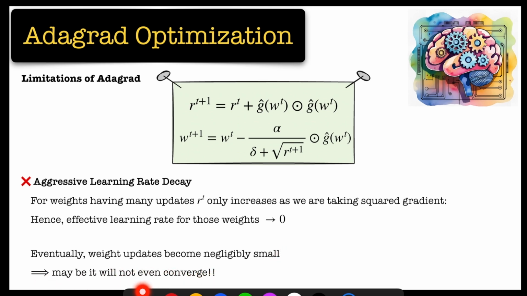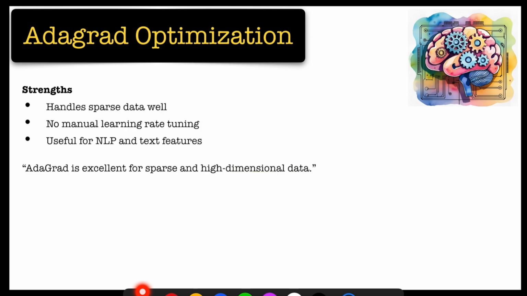So if we have non-sparse features, for those weights the learning rate will become zero after some point and it will stop learning. So that is the main limitation of AdaGrad. The strength is that it handles sparse data very well. No manual learning rate tuning.